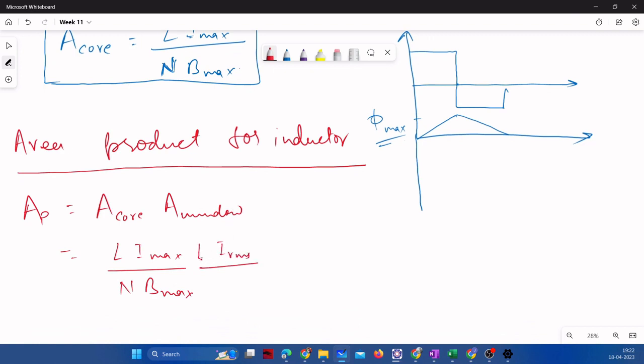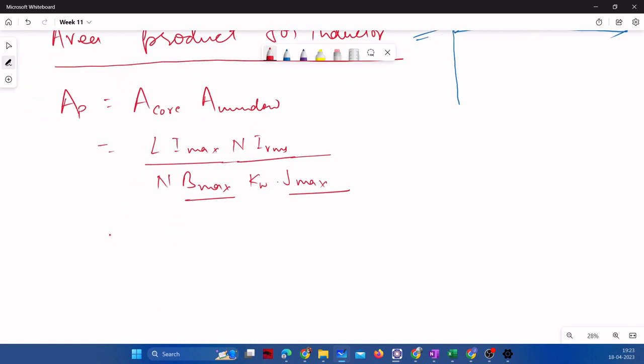So in the same expression we have the maximum value of current and the RMS value of current, and B max and J max. So if you see, our area product has all the important parameters.